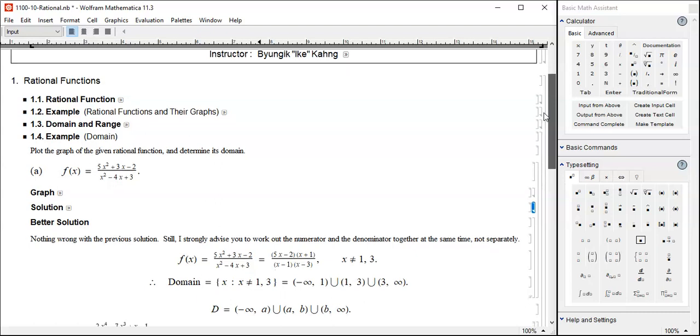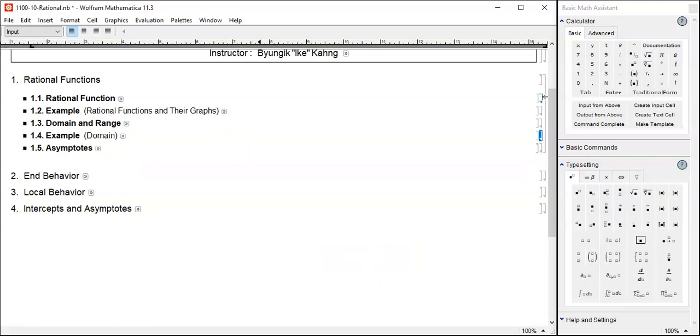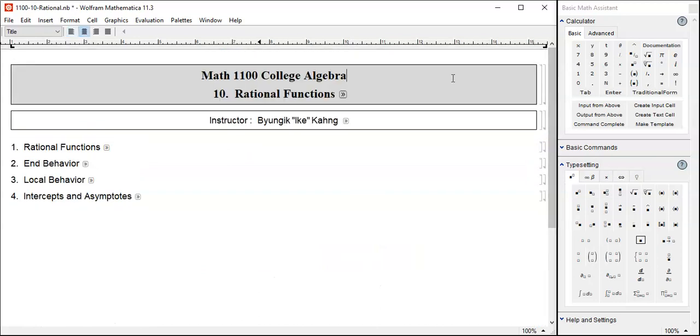There may be some harder problem where there's some interaction. In that case, you have to work out the numerator too. So this is what I suggest. Work out the numerator and denominator simultaneously, and then make sure there's no interaction. If there's interaction, then do something about it first, and then go to the denominator. That's how you can get the domain. Okay, so much for this problem, and it looks like we'll have to resume our discussion in a separate video. See you soon.